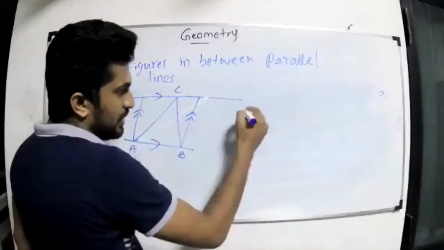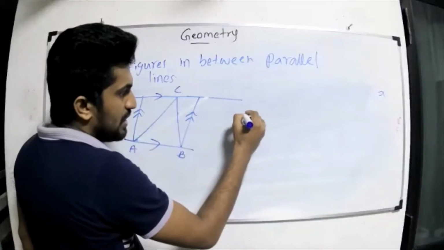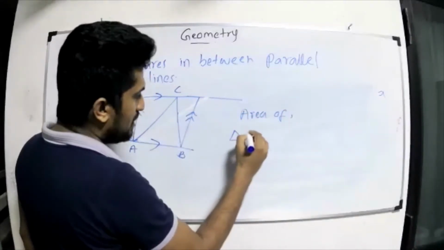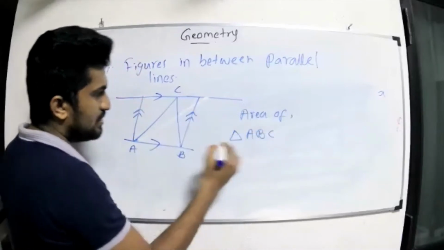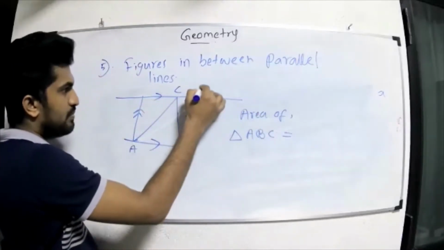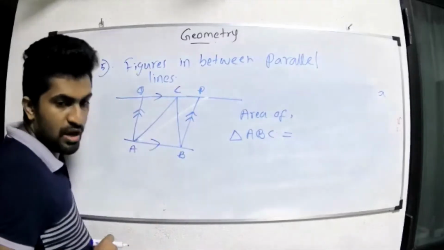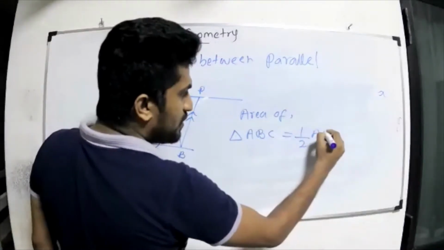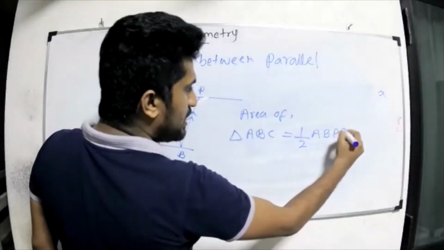We have to name it: area of triangle ABC equals half of the area of parallelogram ABPQ.